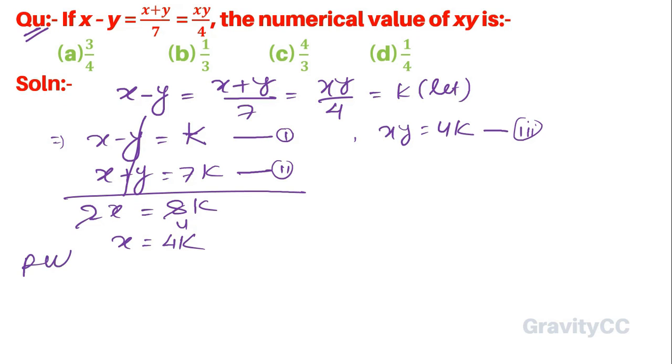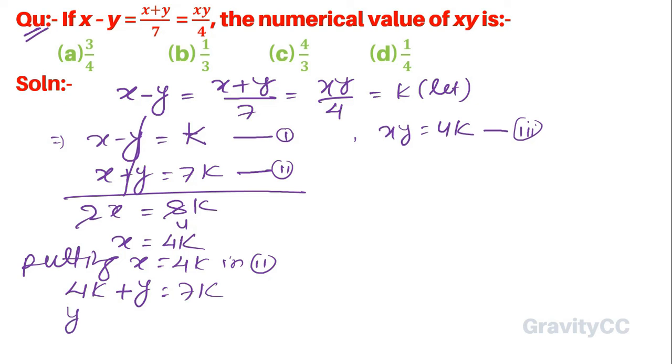Putting x equal to 4k in equation second, we get 4k plus y is equal to 7k, so y is equal to 7k minus 4k equal to 3k.